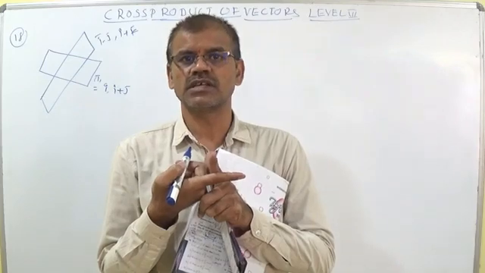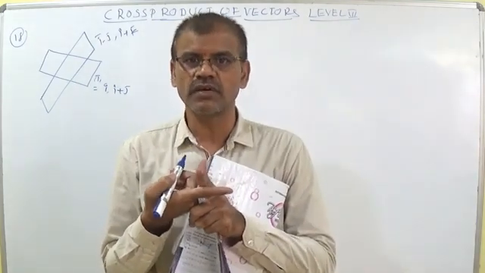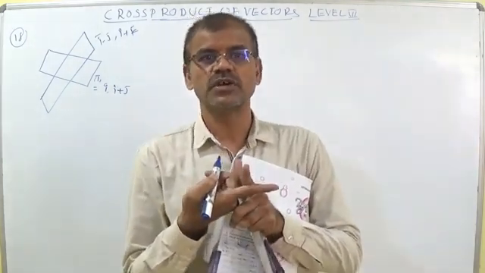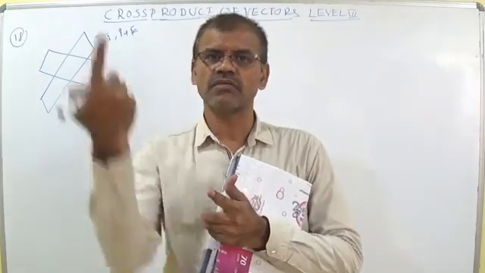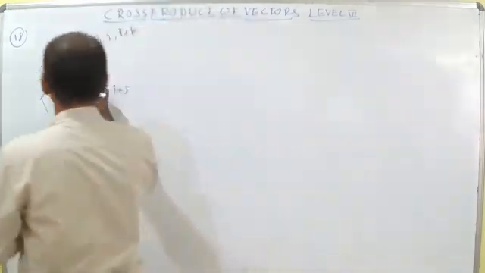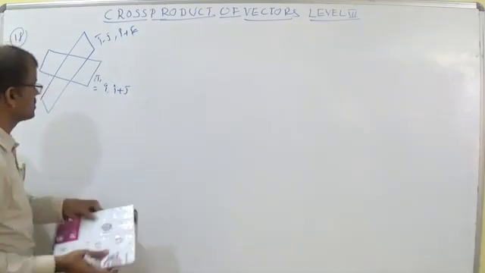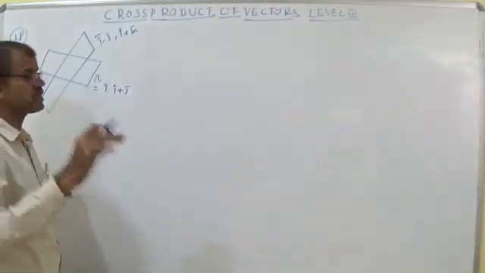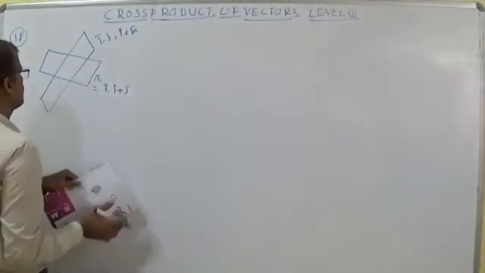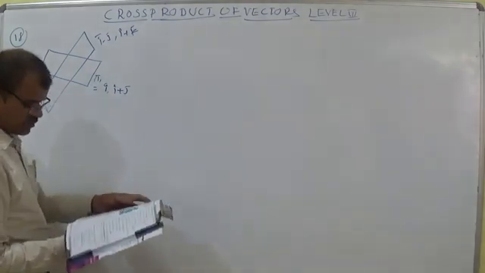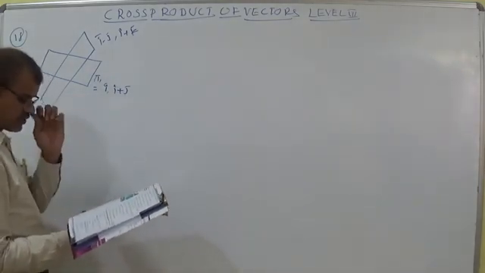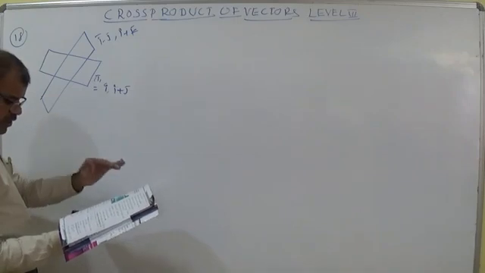Think that slide 1 is plane 1 and slide 2 is plane 2. In slide 1, a unit normal vector you take outside. Whenever the 2 planes intersect, the line of intersection is what he is asking about, the non-zero vector A bar parallel to the line of intersection of the 2 planes.